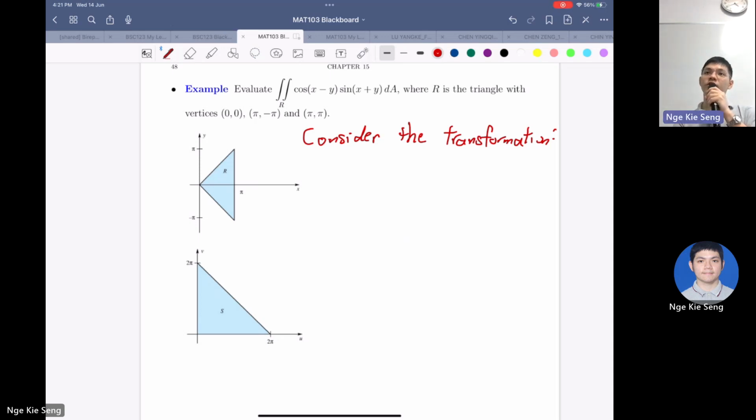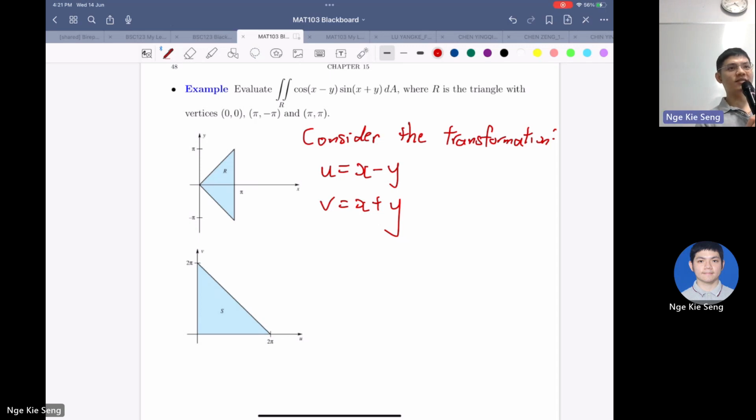If you can replace something inside with something easier, then you can integrate cos and sine easily. So one natural thing to consider is u equals x minus y and v equals x plus y. Is this one-to-one and onto?